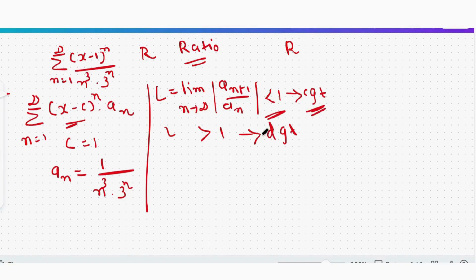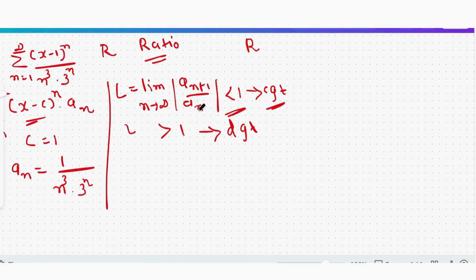So now let's apply the ratio test. For this test, what do we need? a_n and a_(n+1). So here, what is a_n? a_n is equal to this entire term, the nth term of the series. So a_n is (x minus 1) raised to n upon n raised to 3 into 3 raised to n.